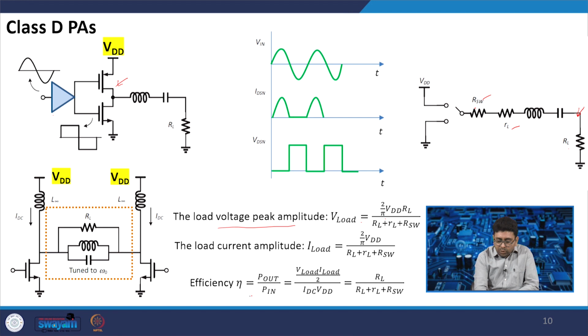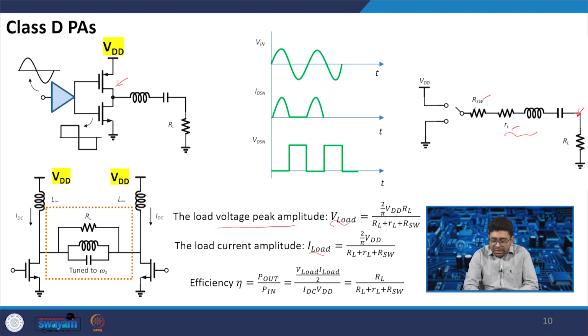For efficiency, we can write P out by P in equal to V load times I load by 2, divided by IDC times VDD. If we replace V load and I load in this equation, we get RL by RL plus R switch. So the efficiency depends upon the load resistance, the inductor quality factor, and the switch resistance R switch.